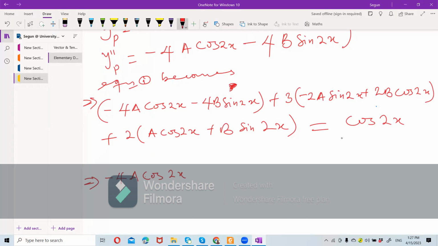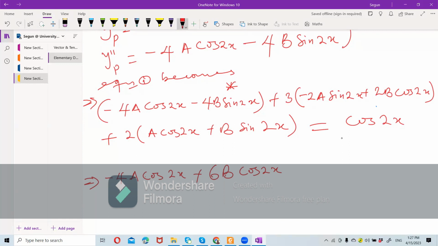Go to b, no more. Go to the next one. We have 2b cos 2x, but it has a coefficient, 3 multiplied by the cos, plus 6b cos 2x. Do you get it now?